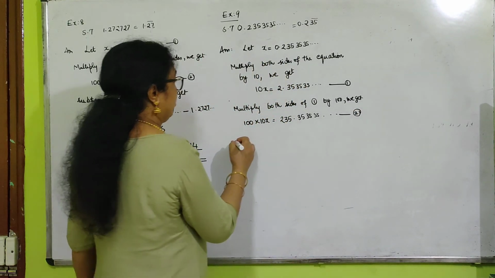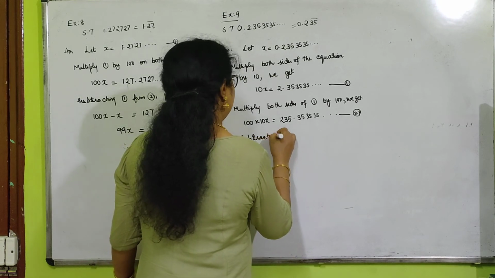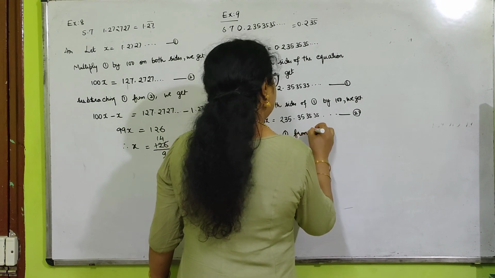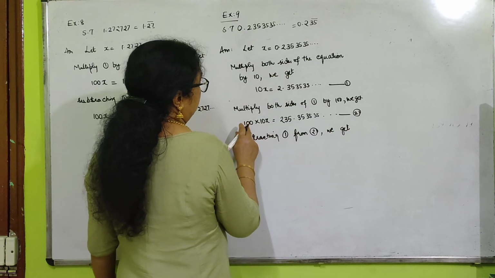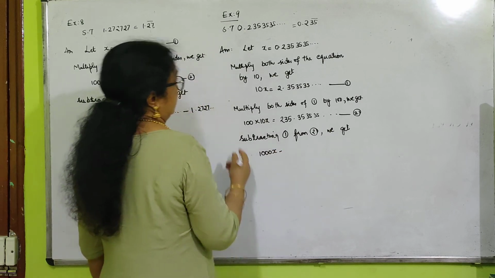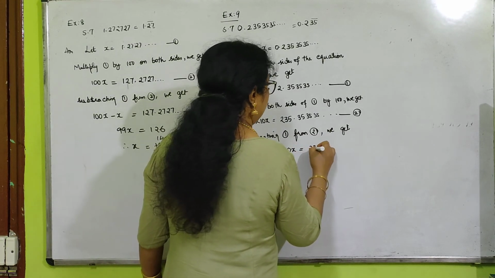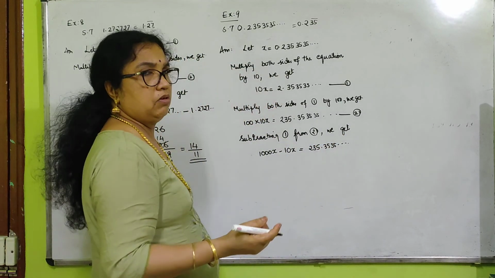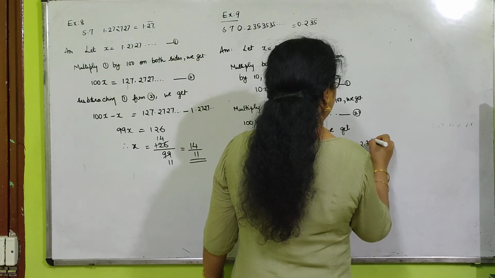Now as usual, what do you have to do next? Subtracting the first equation from the second equation, we get 100 into 10, 1000x, minus 10x, the first equation, equals 235.3535, 4 digits only, or any number you can write, minus 2.3535.